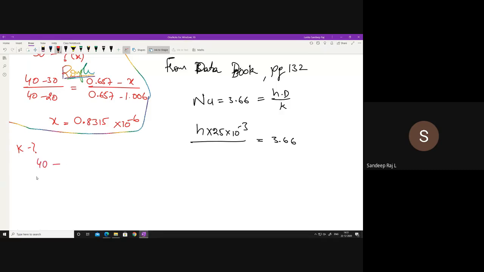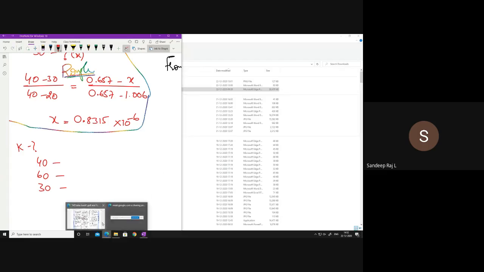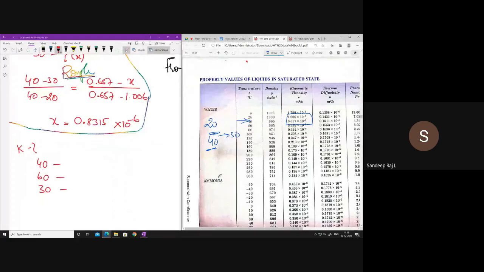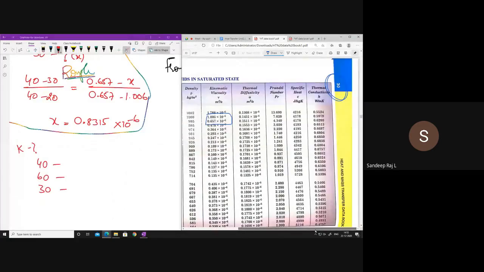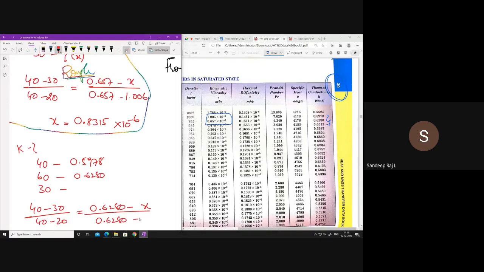For 40 you have, for 60 you have, 30 you have to find out. The k values at the end are 0.5978 and 0.6280. So (40 minus 30) by (40 minus 20) is equal to (0.6280 minus x) by (0.6280 minus 0.5978).